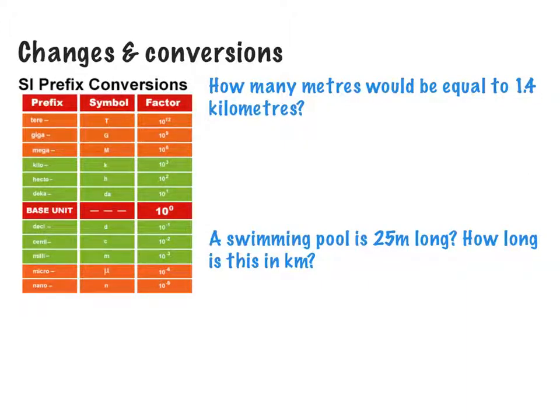I've talked about metres and kilometres. There's kilometres there, there's metres there. So I've got a factor of 1000. I'm converting from kilometres to metres, from big to little, so it's multiplied by 1000, or decimal point 3 right.